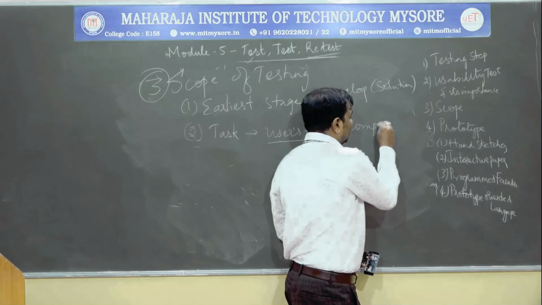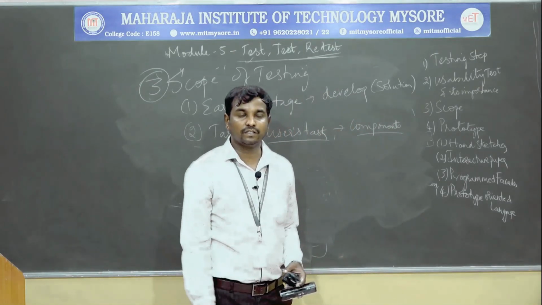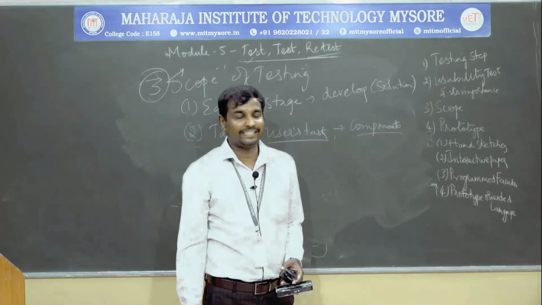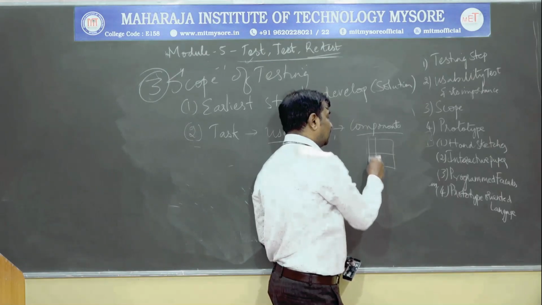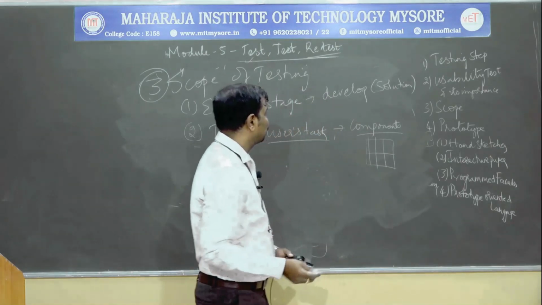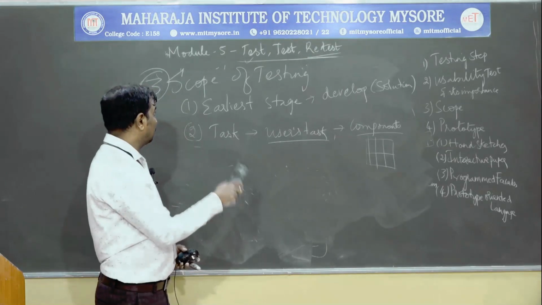Initially we may take minimized components with respect to the standardizations. If you are using testing, we can identify a few more components in it. So with respect to that, we can develop a prototype.